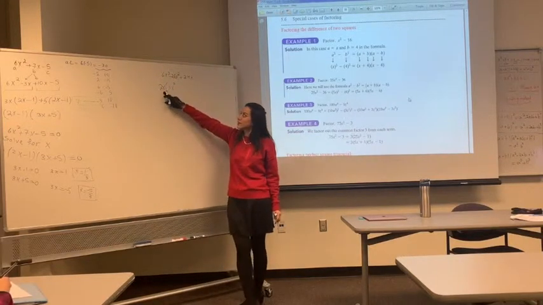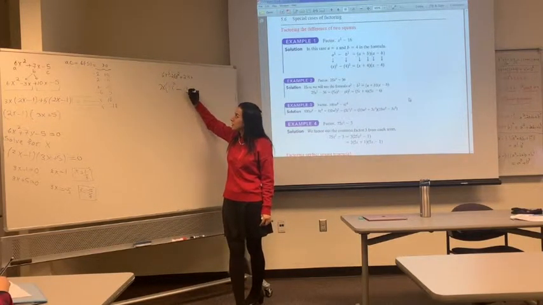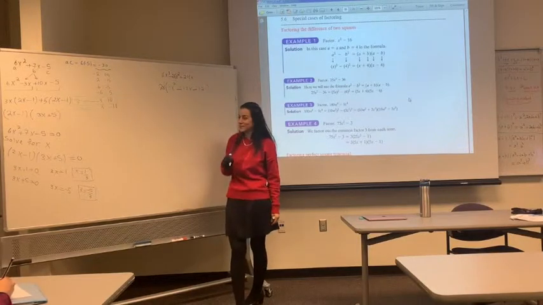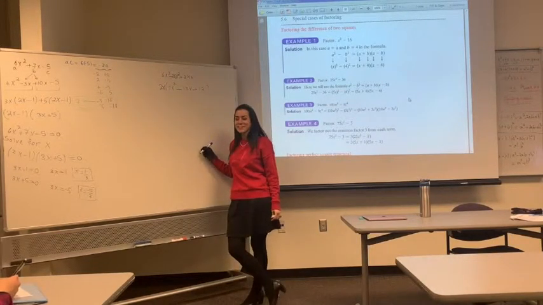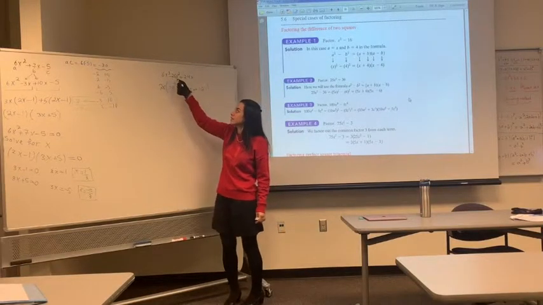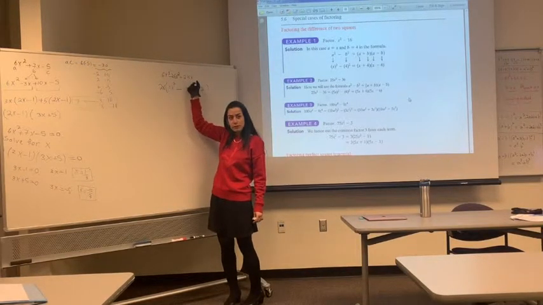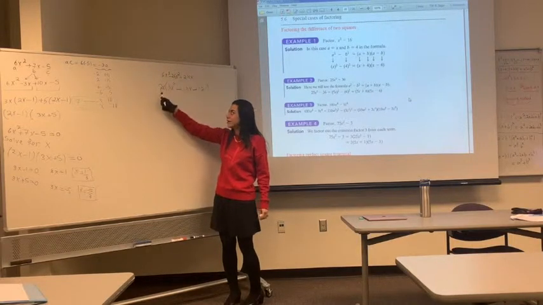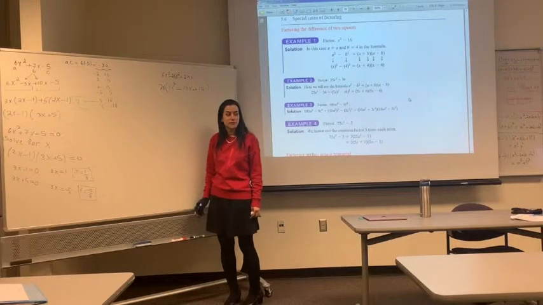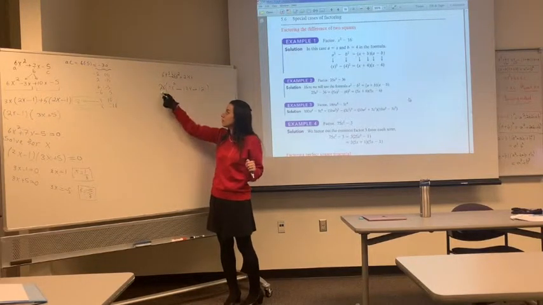This one divided by 2x is negative 13x. And 24x divided by 2x is plus 12 without x. So the greatest common factor is 2x, because all of these terms share x, and all of these share 2. So this is a common factor, right? Now we brought this out.